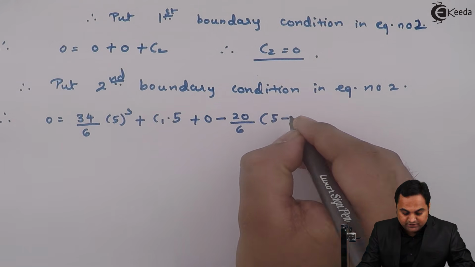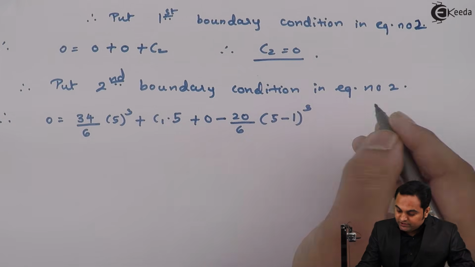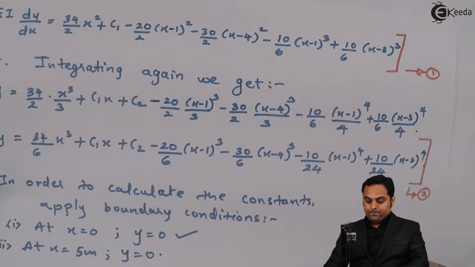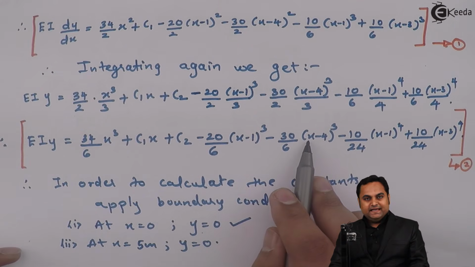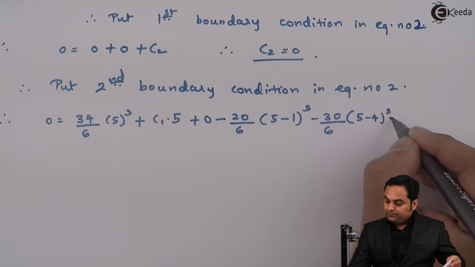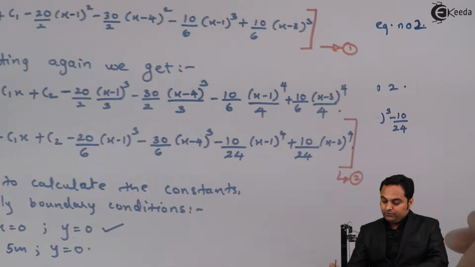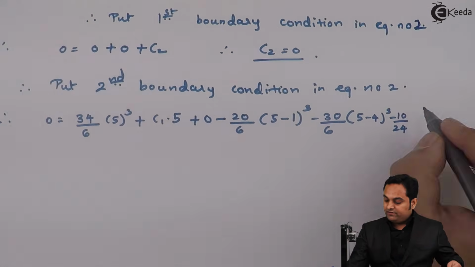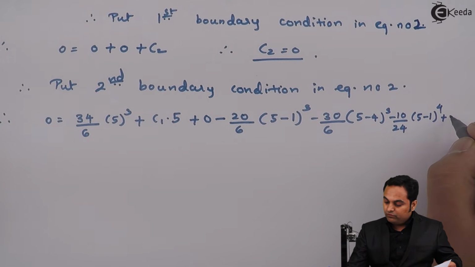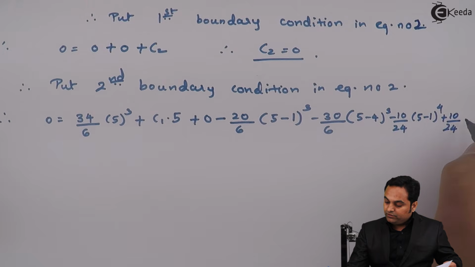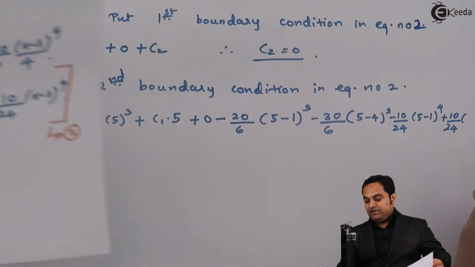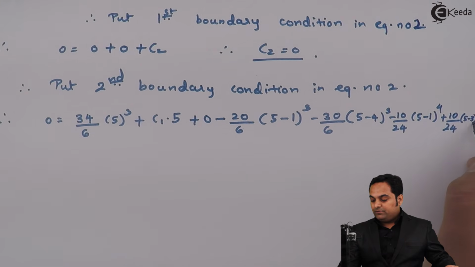Then we have x minus 1, that is 5 minus 1 whole cube, minus 30 by 6 into x minus 4, which is 5 minus 4 cube, then minus 10 by 24 into x minus 1, which is 5 minus 1 raised to the power 4, plus 10 by 24. Then at last we have x minus 3, that is 5 minus 3 raised to the power 4.